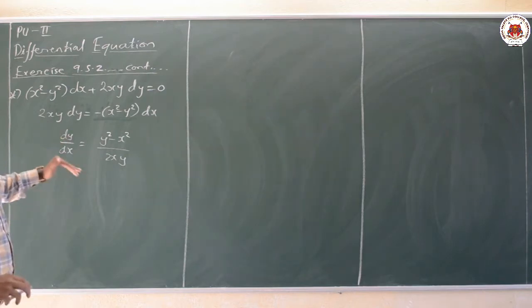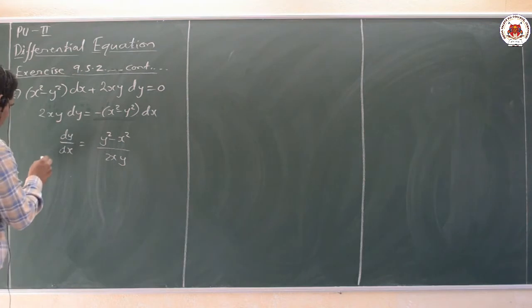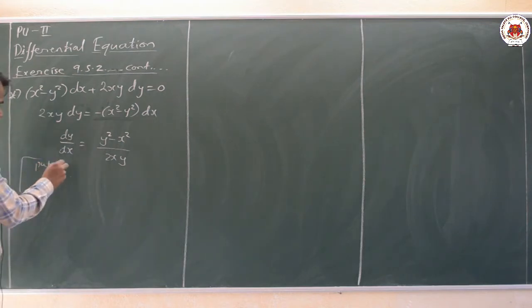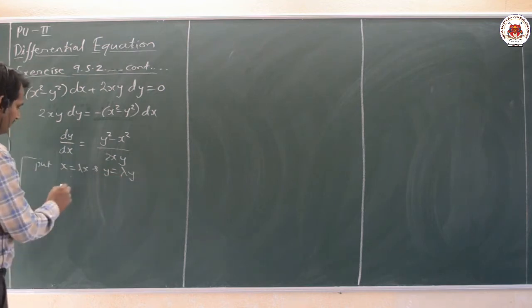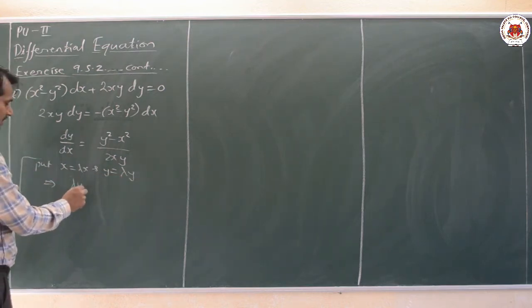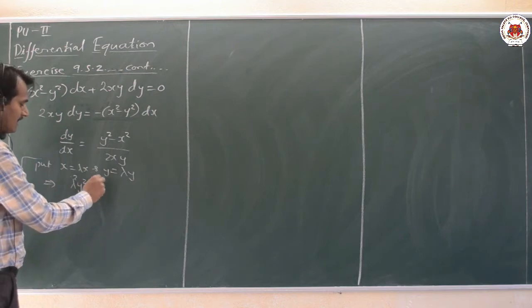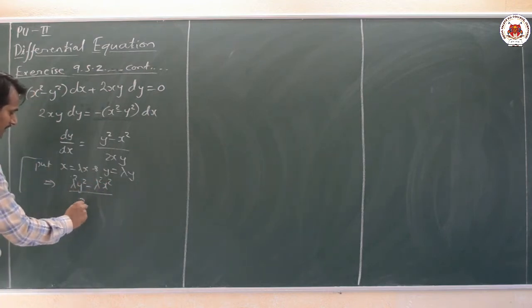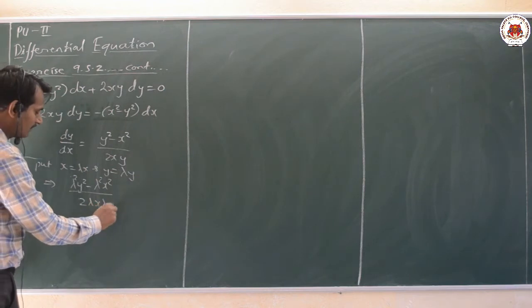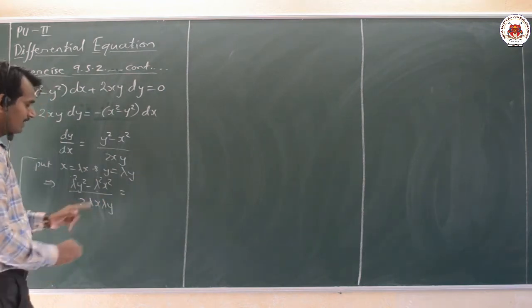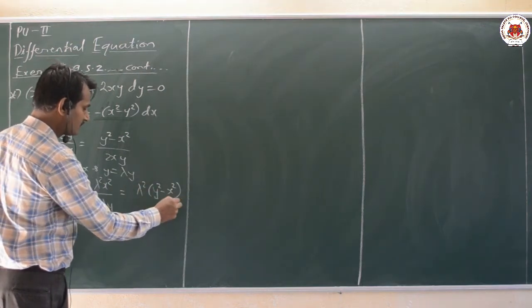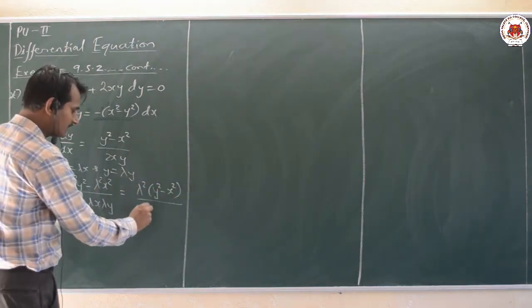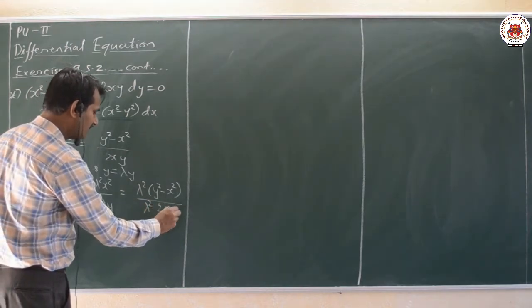Now we will check whether it is homogeneous or not. Put x equal to lambda x and y equal to lambda y. That implies we get (lambda square y square minus lambda square x square) divided by 2 lambda x into lambda y, which is equal to, taking lambda square common outside, lambda square into (y square minus x square) divided by lambda square into 2xy.